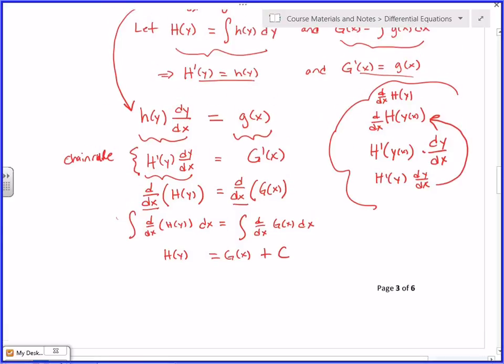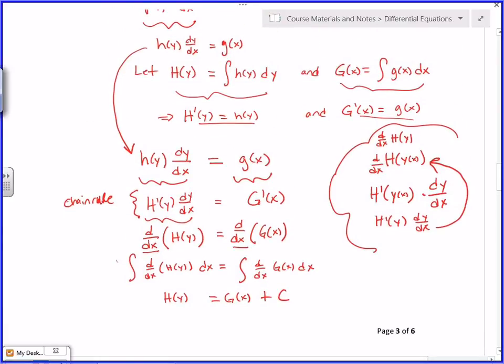But by definition, from right here and here, I have that the integral of h of y dy is equal to the integral of g of x dx. And I can include the c as the constant that comes out of those integrations.